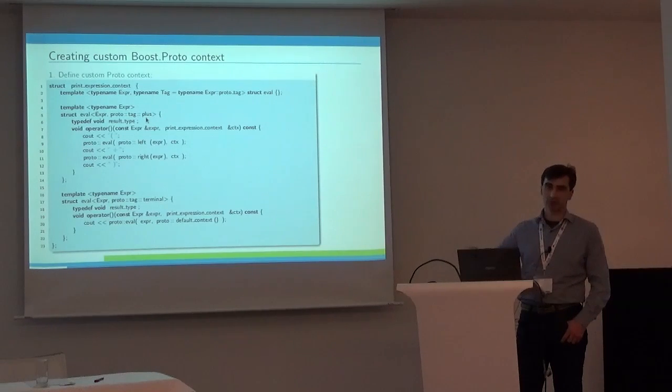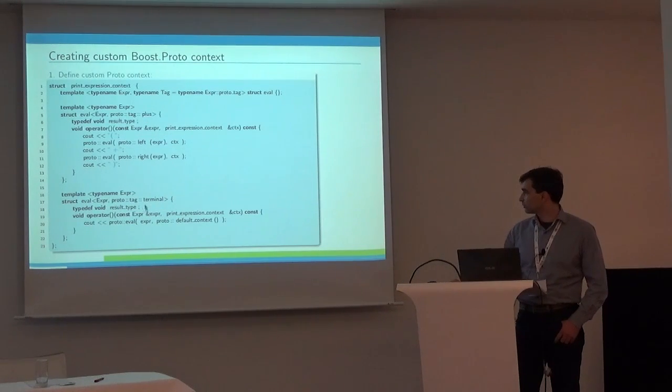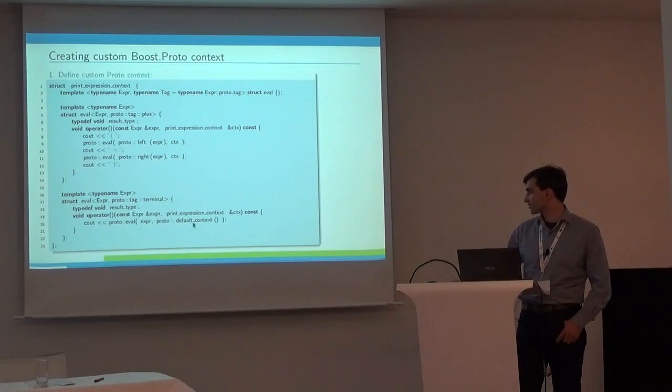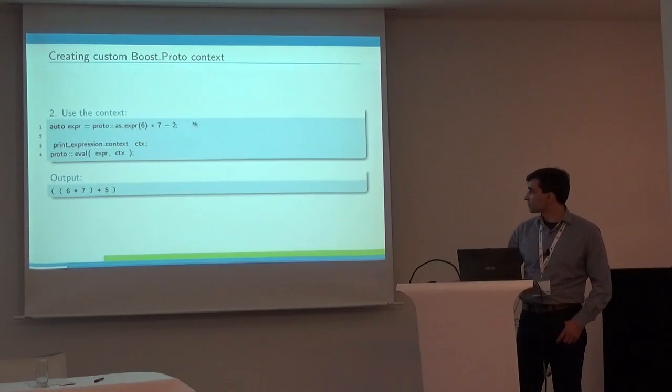You can also specialize this template for other tag types, and you also have a special template specialization for terminals, and each terminal just evaluates itself with a default context and outputs the value to the output string. So from this expression, if we evaluate it with this custom context, we will get a textual representation of the expression on the output.